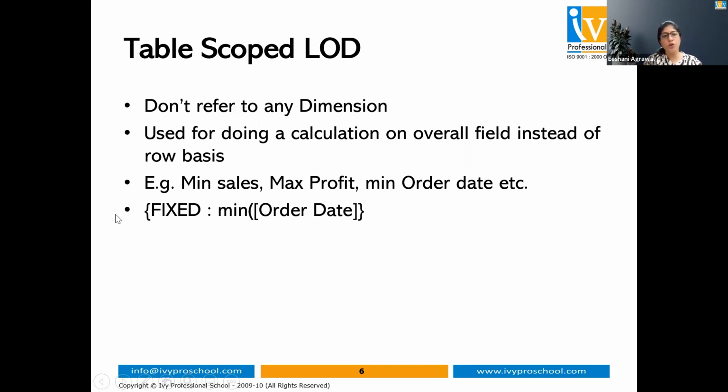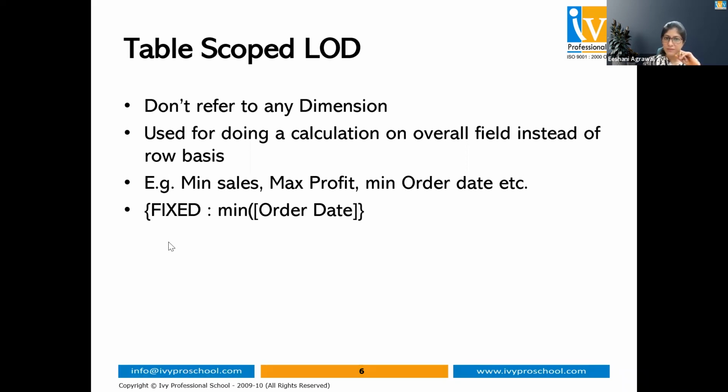Now, what is the role of it? Why do we use something like that? When we want to get an overall calculation on the column or the field. Typically, calculated fields happen on a row level, right? Row context is there. Now, if I wanted to find the minimum order date from the entire order date column, then I'll use min over here and will not put any kind of dimension.